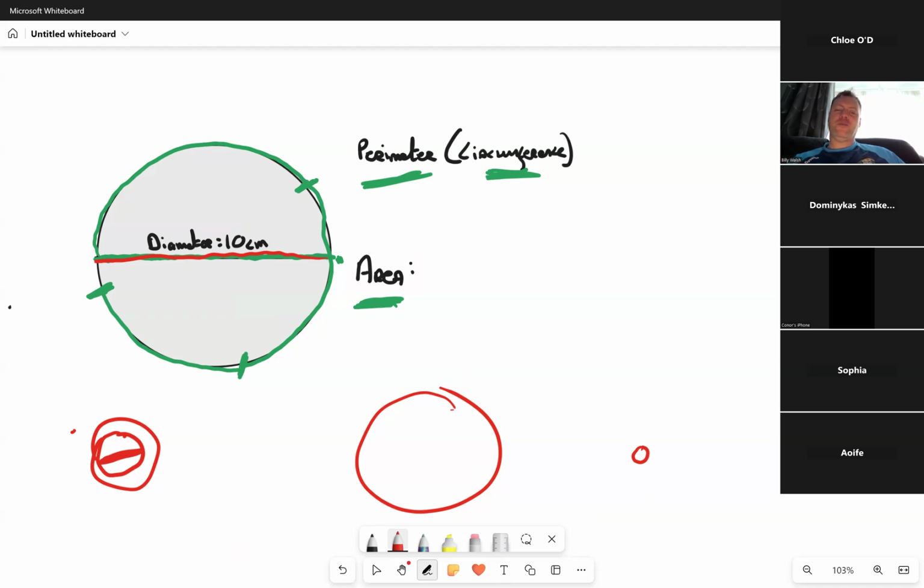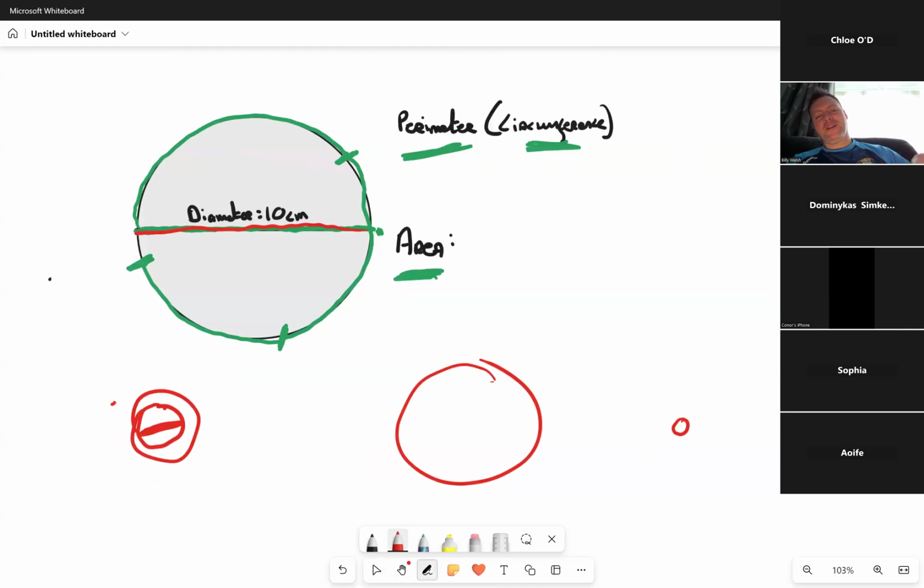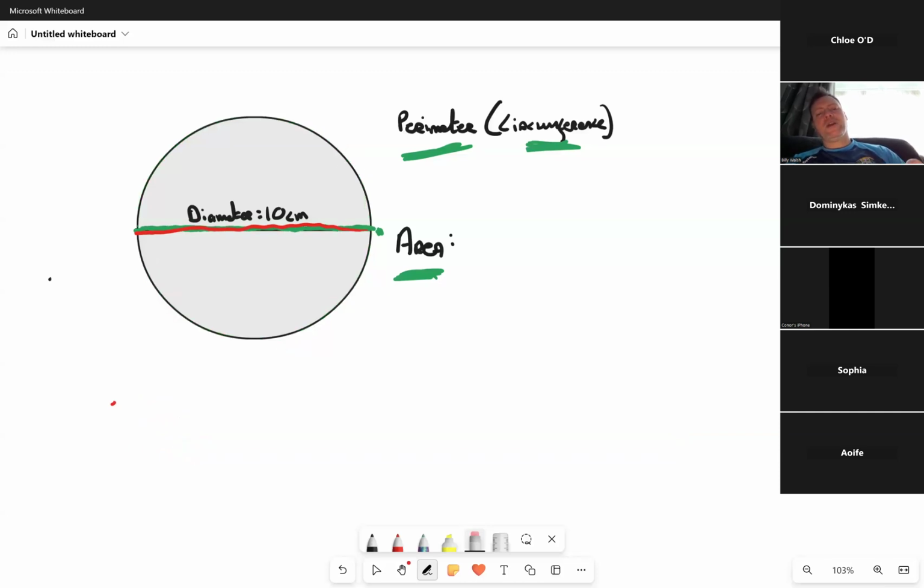You come up with your answer. And the very last thing, and this is probably going to be very tricky, but I'd like you to give it 10 minutes. I think a lot of you are going to be able to come up with the perimeter. I think you're going to get this, based on me telling you the diameter is 10 centimeters and the diameter wraps around the circumference 3.14 times.